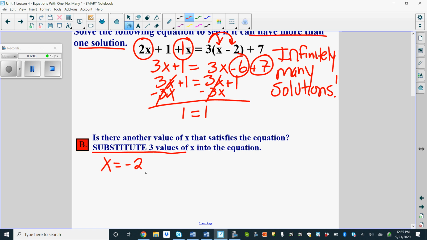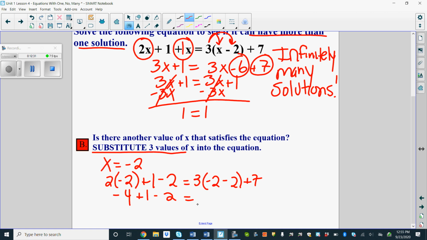So if I substitute in 2 times negative 2 plus 1, where I replace the x with a negative 2, equals 3 times negative 2 minus 2 plus 7. So now you have to solve it. This would be a negative 4, and then plus 1 minus 2.